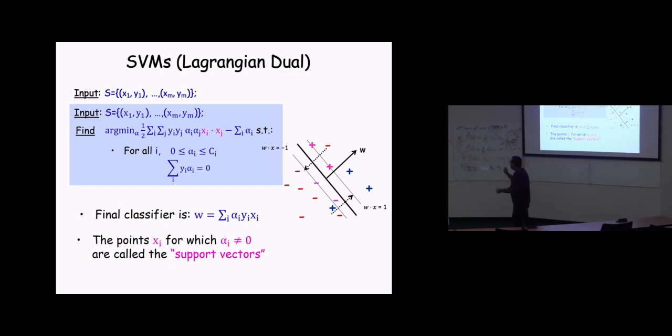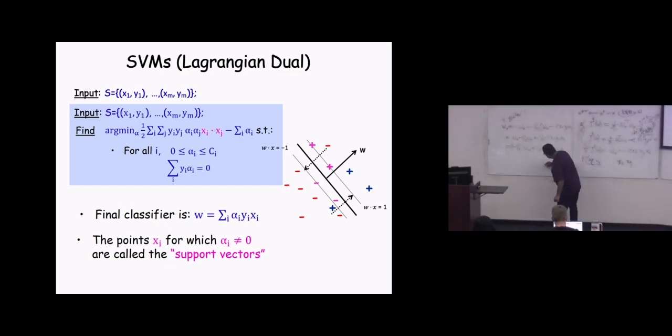When you have a set of points like this, you don't really care about this point. You are trying to maximize the margin between this set of points. And for these points, these xi's, the alphas are non-zero. These are the points where you want to put emphasis, and all the other alphas are 0.